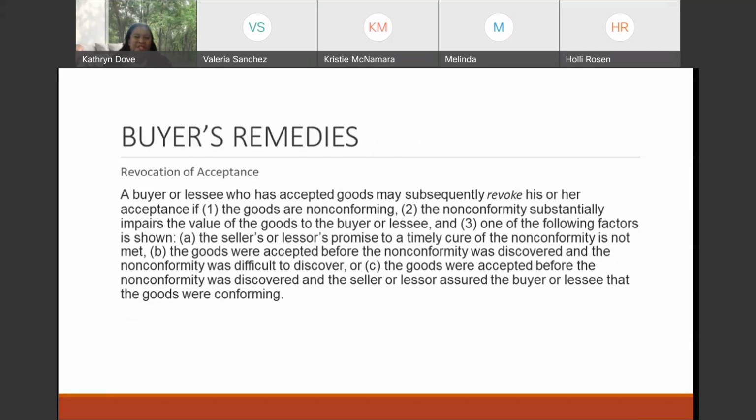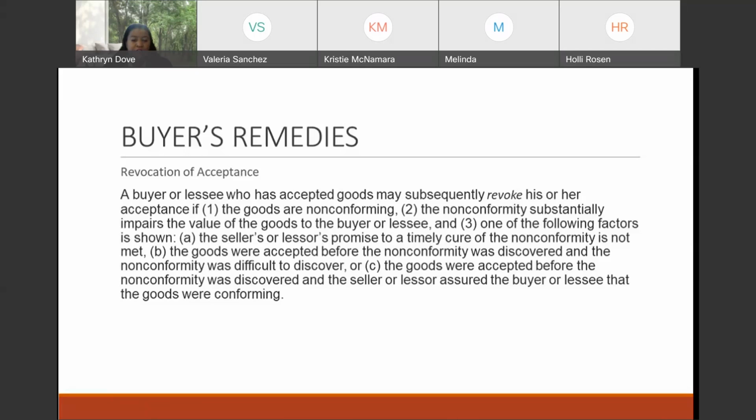What kind of remedies does the buyer have? Well, if there's been a breach of contract, a buyer who has accepted goods can subsequently revoke her acceptance if she discovers the goods are non-conforming, or if the non-conformity substantially impairs the value of the goods to the buyer, and one of the following factors is shown. The seller's promise to timely cure the nonconformity is not done.